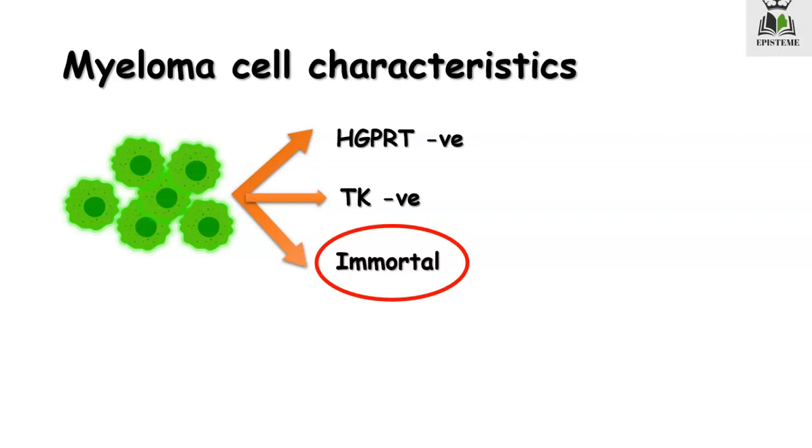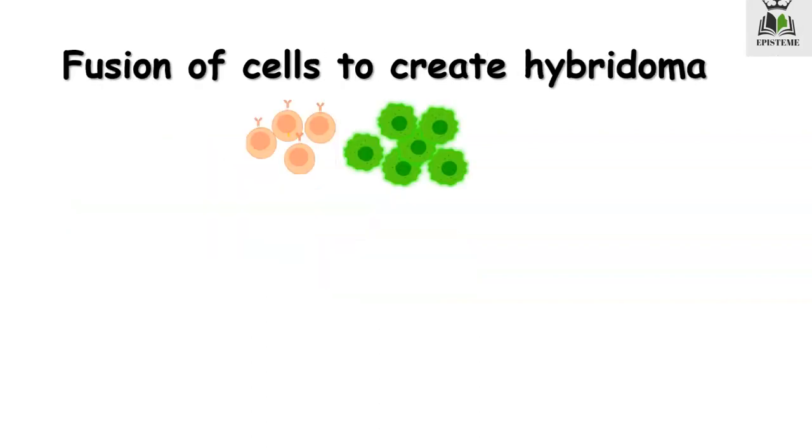So this is the characteristic we want in our B cells, so that there is unlimited production of the monoclonal antibody. In order to make the cell with the characteristics of being immortal, HGPRT positive and TK positive, we need to fuse the two cells so that we can get a single cell having characteristics of both the cells.